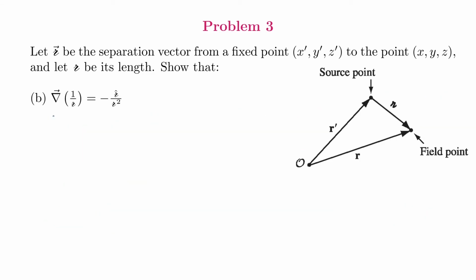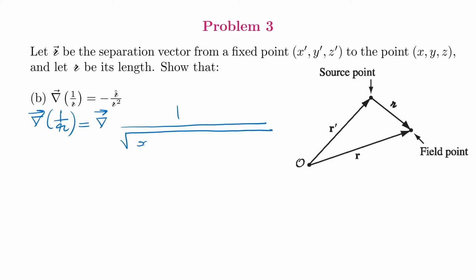In part B of the problem, we have to find out the gradient of 1 by r. So the gradient of 1 by script r is equal to the gradient of 1 by the square root of (x minus x') the whole squared plus (y minus y') the whole squared plus (z minus z') the whole squared.